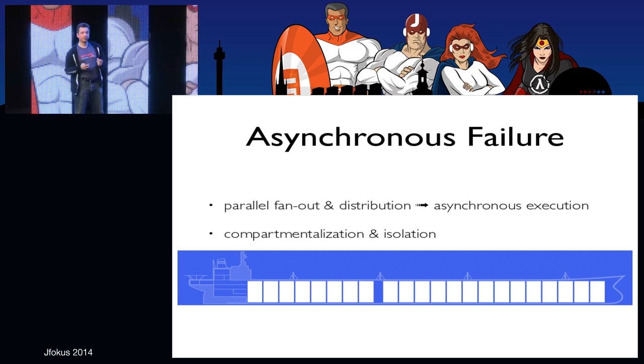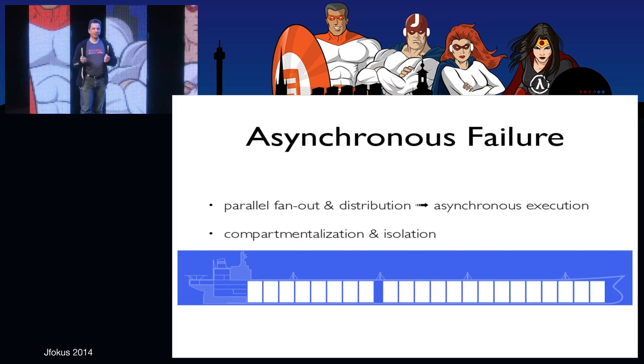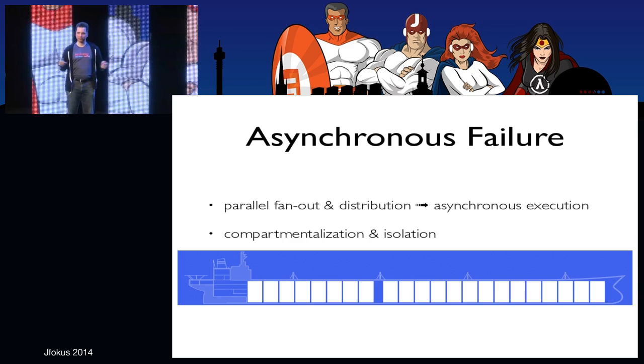The question is, is this a good thing or is it a bad thing? I would say it is a very good thing because it keeps things isolated. It helps in compartmentalizing failure, in keeping failure from spreading. The philosophy here comes from shipbuilding, where you can put bulkheads between different sections to form compartments.